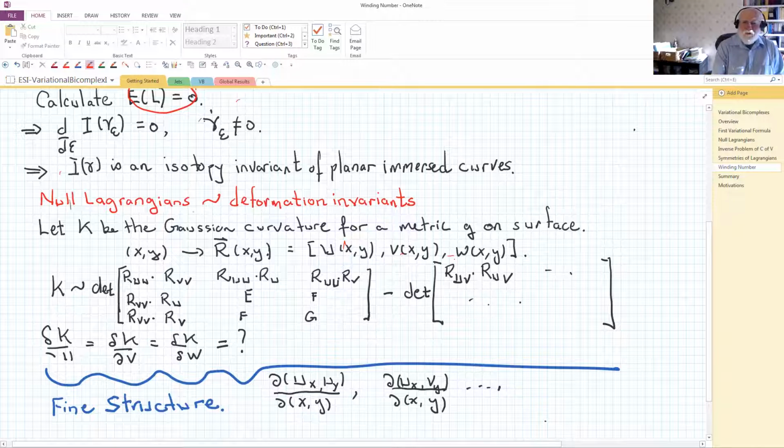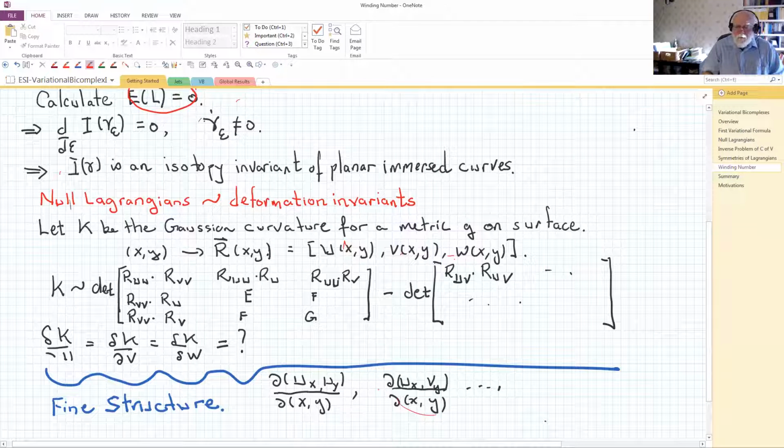Well, cheating, you know that the integral of the Gaussian curvature is a deformation invariant of the surface. So you know that if you were to calculate the Euler-Lagrange expressions for this big mess, you would get that the Gaussian curvature is a null Lagrangian. I wanted to point out that if you expand all of these determinants out in terms of minors, you'll find that all the second derivative terms in the Gaussian curvature are expressed in terms of Jacobians.